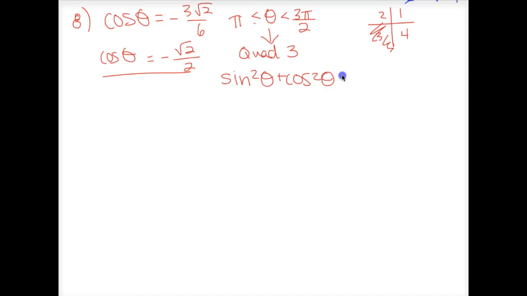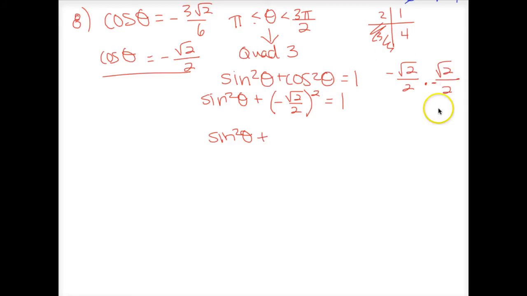It's sine squared theta plus cosine squared theta equals 1. So now I'm going to plug this in for my cosine of theta. So sine squared theta plus negative radical 2 over 2 squared, because that is cosine squared theta, equals 1. Now I need to perform the operation here. When I square this, again, that's like multiplying it times itself.